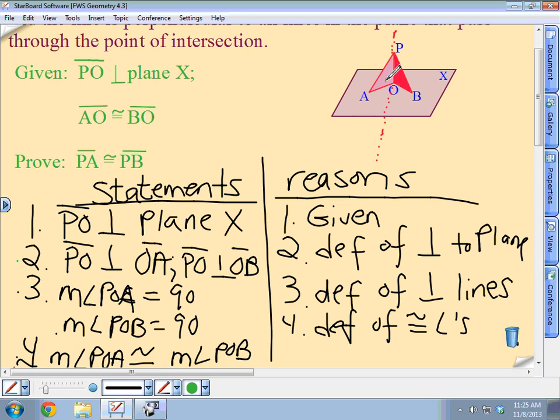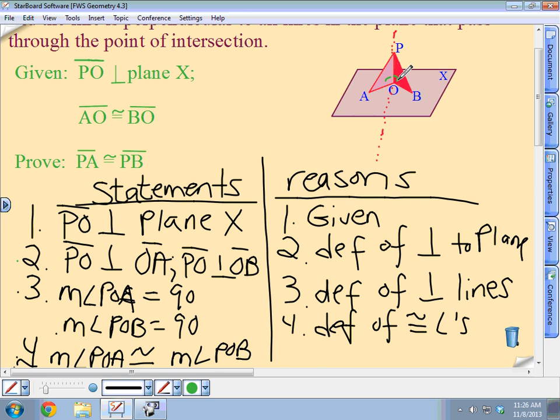Those two are congruent. So then O is the midpoint of AB. Hold on, you've got to go that slow. What are you saying? O is the midpoint of AB. No, O is just where it intersects. If AO is congruent to BO, that means O can be the midpoint.